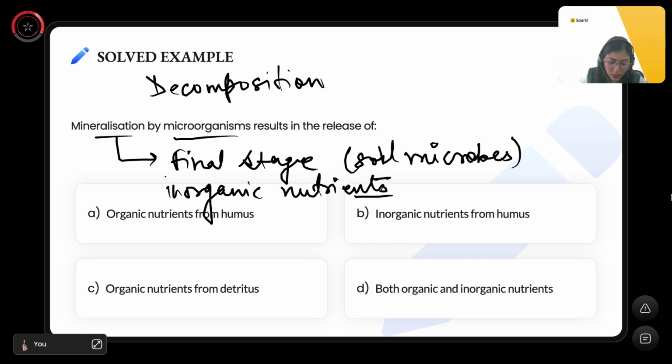Okay, so here, beta, the correct option will be option B, wherein the mineralization by microbes results in the release of inorganic nutrients from humus. Okay, so these inorganic nutrients basically go back into the soil solution. Okay, let us move on to the next question.